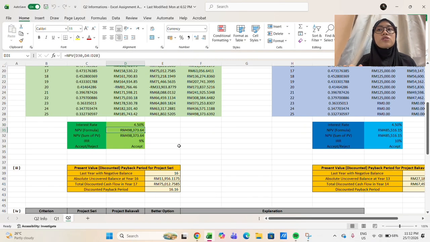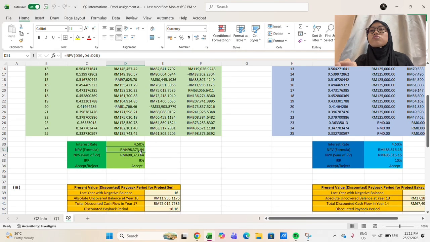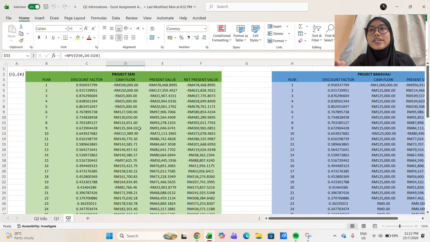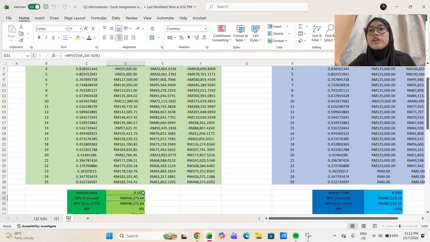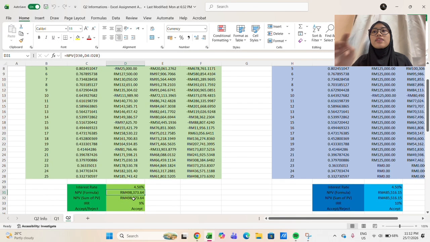So I will find the NPV formula. I use the Excel formula NPV, with the interest rate and then all of the cash flow to get the NPV.